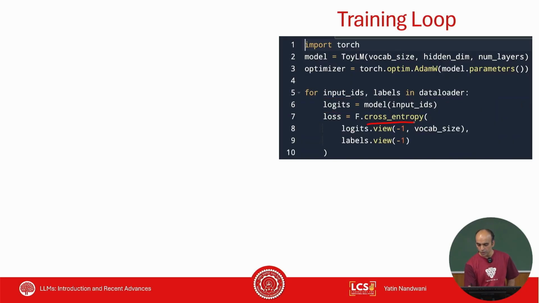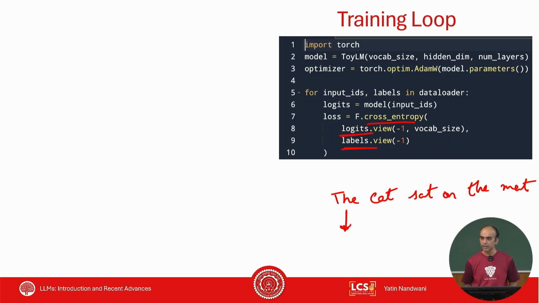We compute the cross entropy loss between the logits and the labels. And what are the labels? For the tokens, the label is gonna be the cat sat on the mat. For this token, the, what is the label that we have?